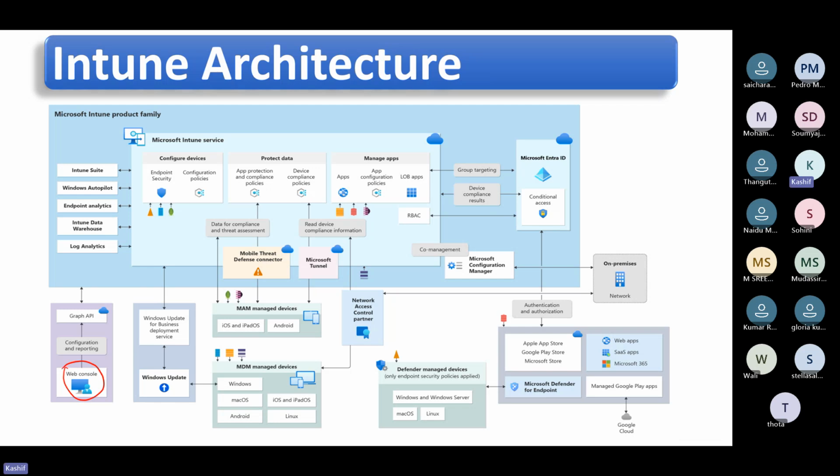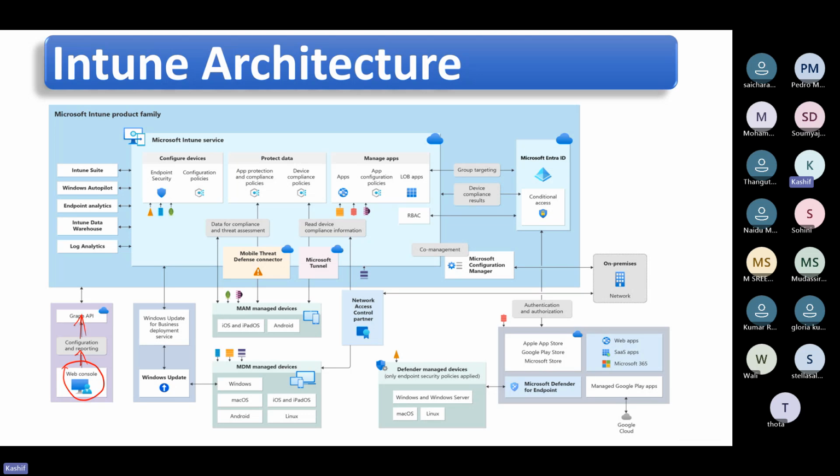And from the web console you do what? Configuration and reporting. Whatever things you have to perform, you do configuration, application deployment, policy deployment, you get reports. There are various things which we do. All your information goes to Graph API. Graph API is a communication bridge between you and Intune services.